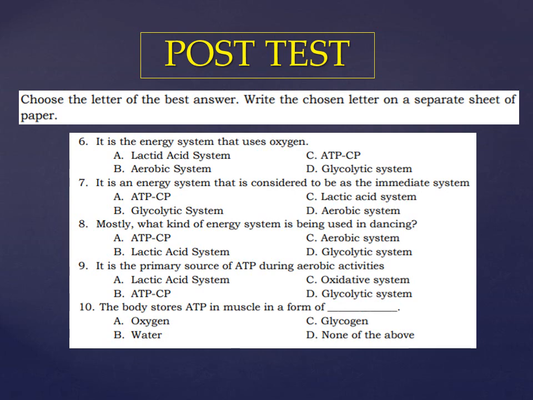For the last number 10, the body stores ATP in muscle in the form of blank. A. Oxygen. B. Water. C. Glycogen. D. None of the above.